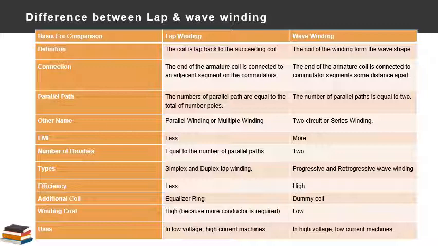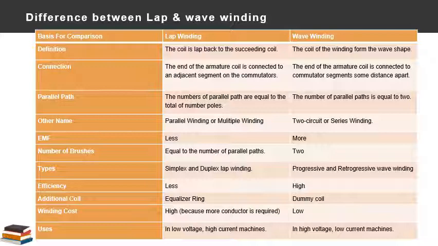First column, the basis of comparison. First one is the definition. In lap winding, the coil is lapped back to the succeeding coil, and in wave winding, the coil of the winding forms a wave shape. Connection: in lap winding, the end of the armature coil is connected to an adjacent segment on the commutator.